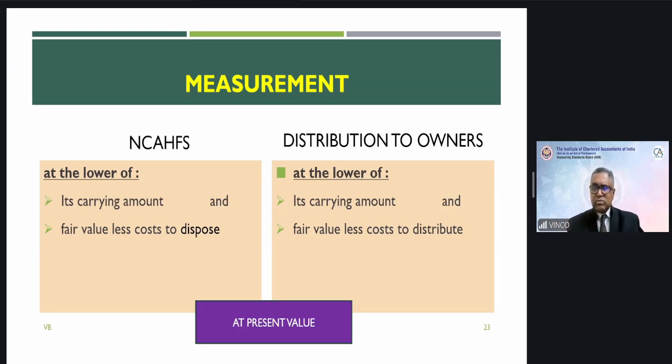Now we are coming into the measurement part. The implication of held for sale. First implication. You will account as held for sale at its book value, means whatever is already in the accounts, that value, or its fair value less cost to dispose. Maybe book value was very high. I purchased this asset maybe 3 years back when servers or IT equipment were costing 10 crores.